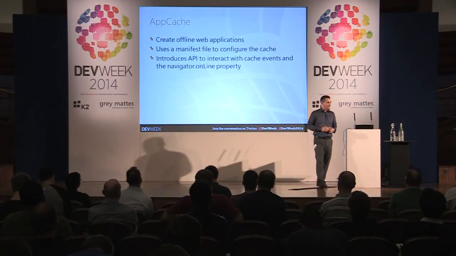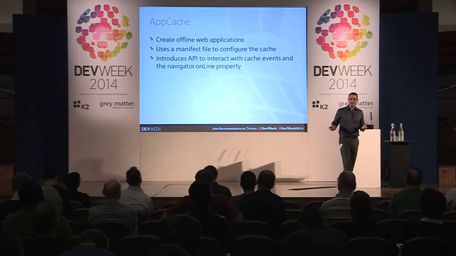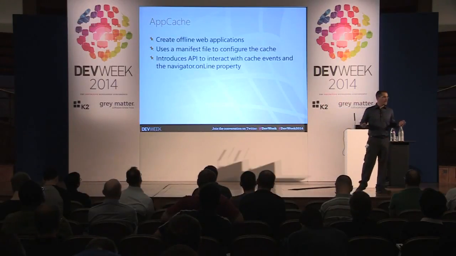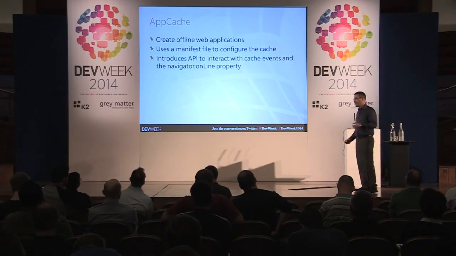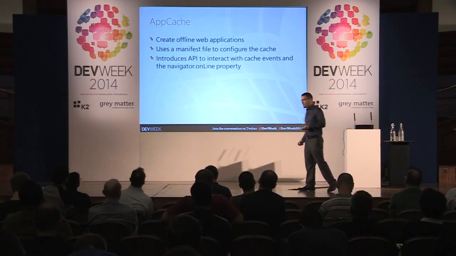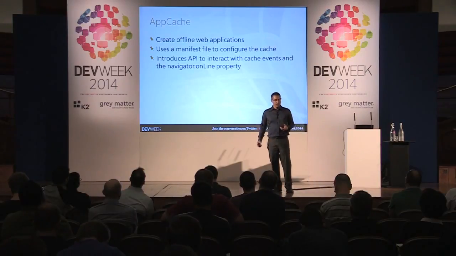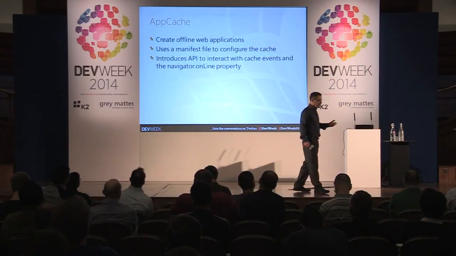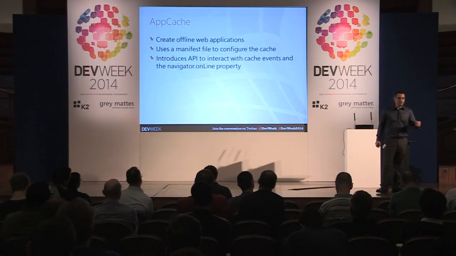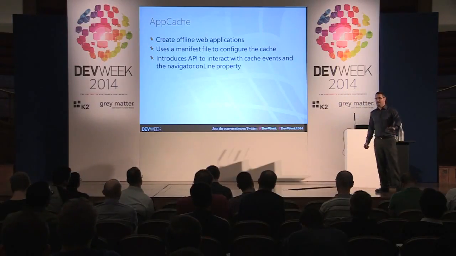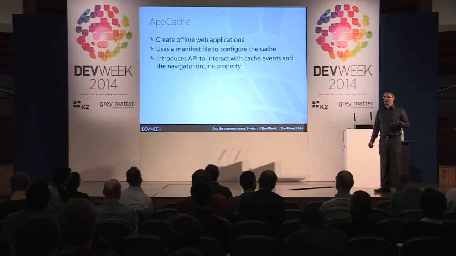cache. As it seems, HTML5 brings the opportunity to create offline web application using the app cache API. The app cache API exposes you the opportunity to download all the resources for your application to the client side, and once they are downloaded to the client side, they are always taken from the cache.